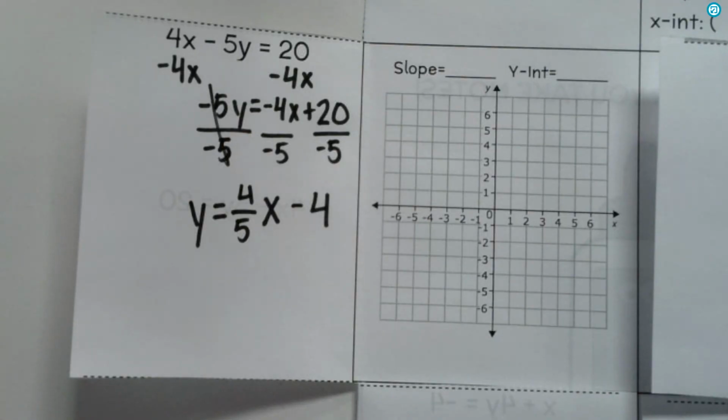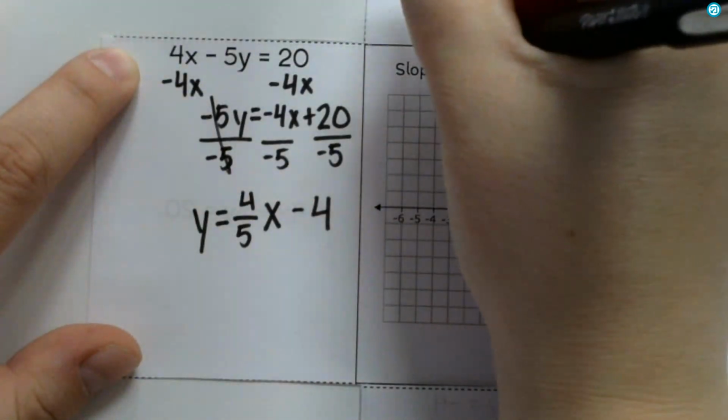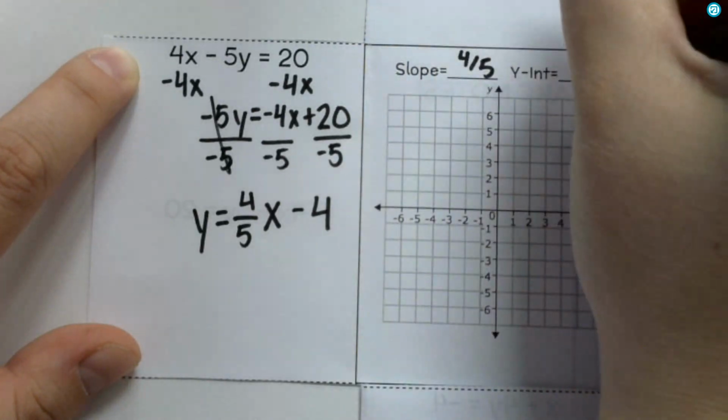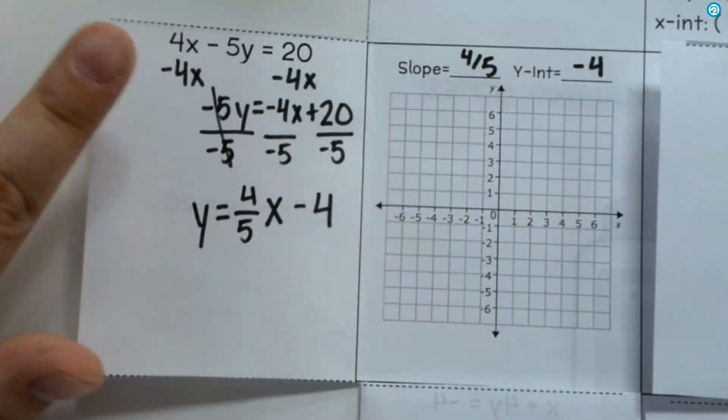Okay, any questions on the converting? So it's two steps. We subtract over our x term. We divide by the number that's in front of y. So then we have a slope and a y-intercept. Our slope is 4/5. Our y-intercept's negative 4.